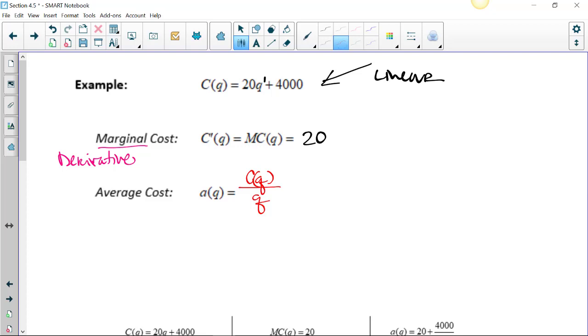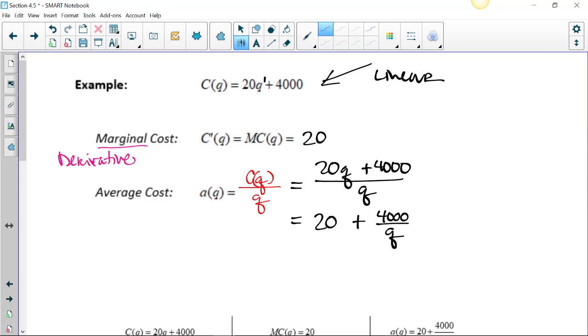Okay, so when we do that, we say, okay, our cost function is 20Q plus 4,000, and we divide by Q. So ultimately, we can just divide each term by Q. So I'm left with 20 plus 4,000 divided by Q. So this is my function that will calculate the average cost for Q, our production level, however many units we are producing.